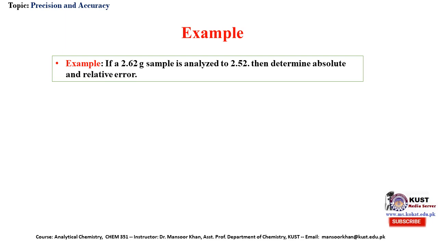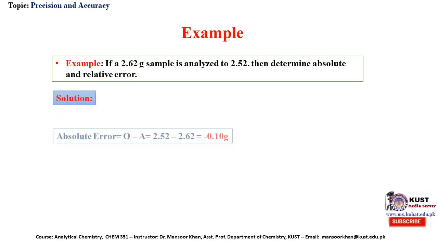It means that 2.62 is the accepted or true value, while 2.52 is the observed or measured value. Now, how can we determine absolute and relative error?